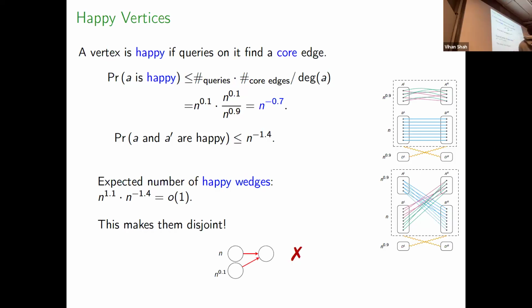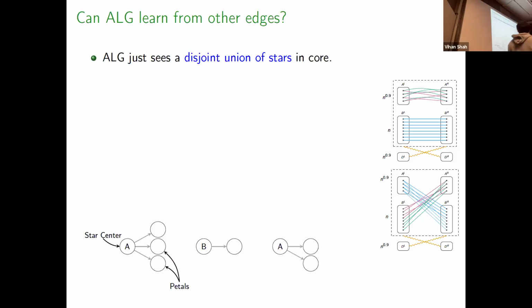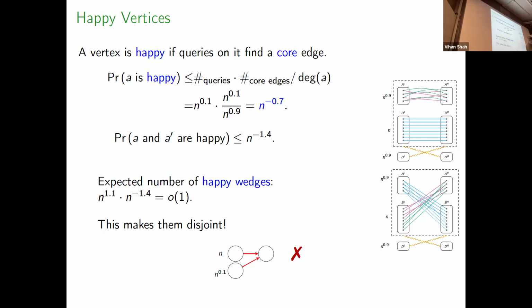So I have to do a similar calculation for these, what I call happy wedges. But it's just like the same calculation, the constants are slightly different, but I'm going to say this also does not happen. And I'm basically going to get a disjoint union. Any questions with what happens here?